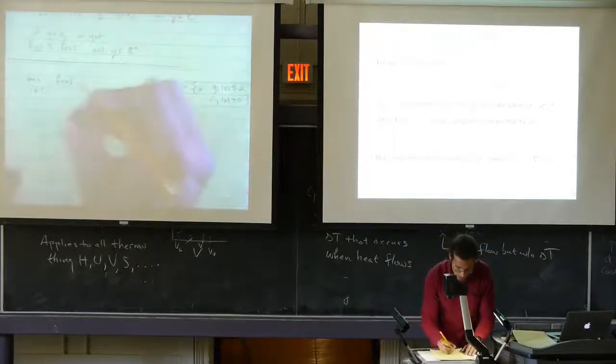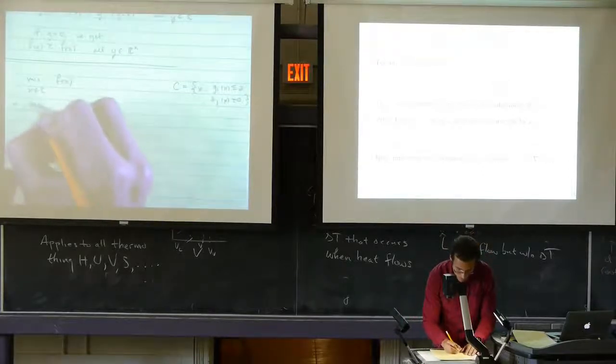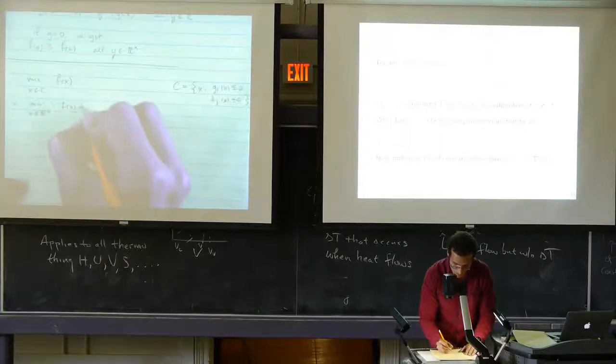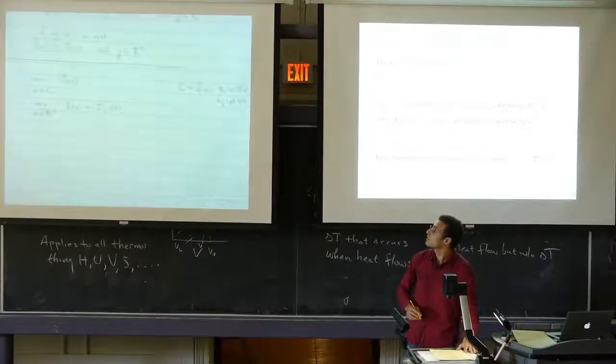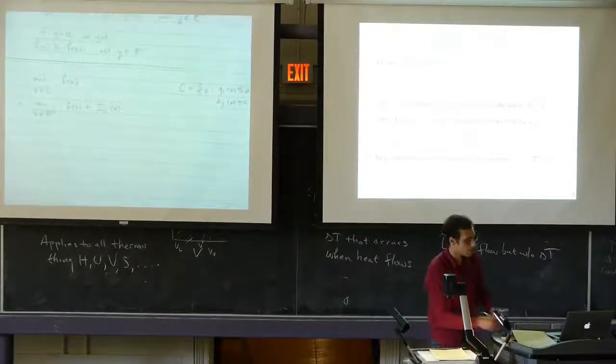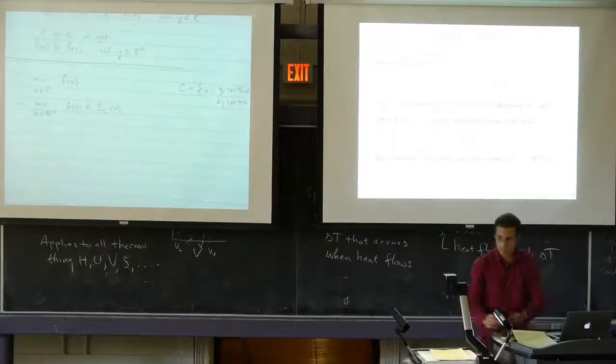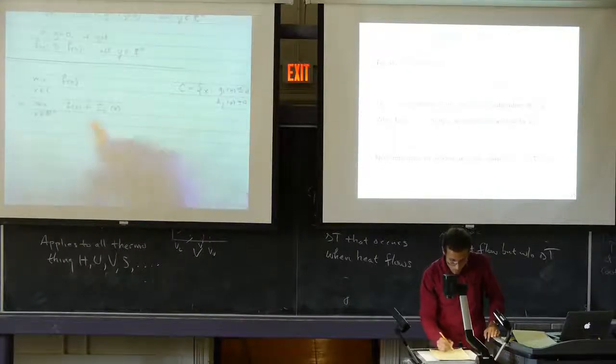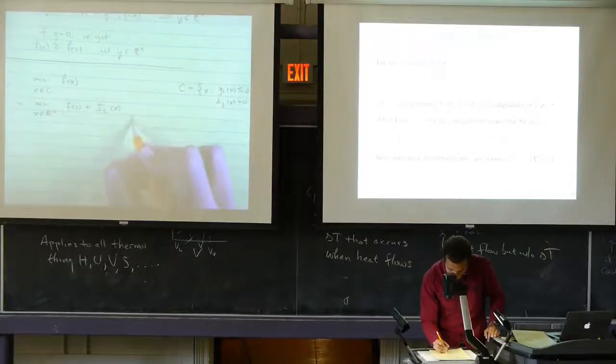So then I can write this as the minimum over points x, not only in C, but all of Rn, of f of x plus the indicator function of C at x. Because that indicator function is going to be 0 when x is in the set C, and it's going to be infinite otherwise. So those are the same problems. It'll only allow me to look at points in the set C. And now this is our function. Let's call this function g of x.